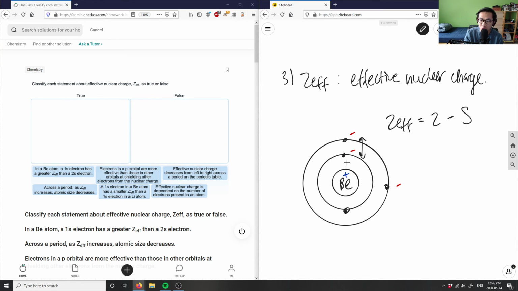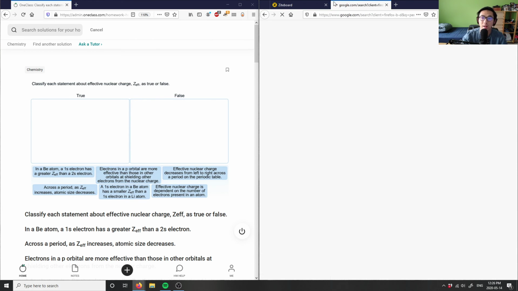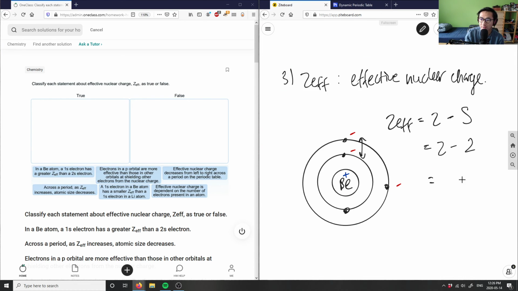In this case, I have two non-valence electrons, so S equals 2, and I have Z minus 2. Z is the number of protons in beryllium, which is 4, my fourth element. So ZF is 4 minus 2, which equals 2.